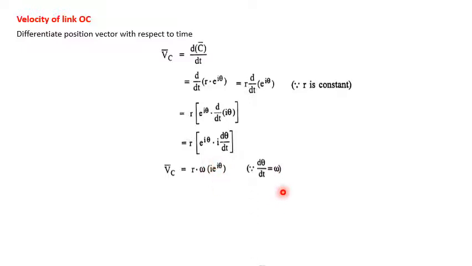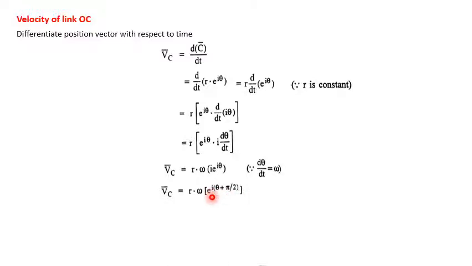So the equation becomes r into omega into e to the power of I theta plus 90° or pi by 2. Here in this velocity, r into omega is the magnitude, and e to the power of I theta plus pi by 2 is the direction.